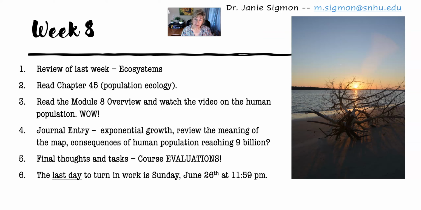And we've talked about climate change through this whole term, so you know what it does to the climate also. So you're going to be discussing this in your journal entry, and there's a lot of good discussion that can be had about the human population and where it is headed and what we're going to have to do to fix it or deal with it, one or the other, because it is just coming.